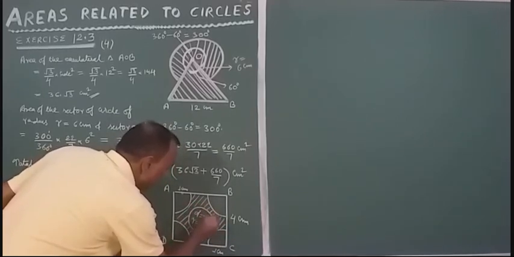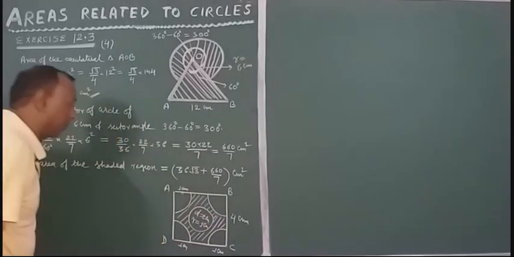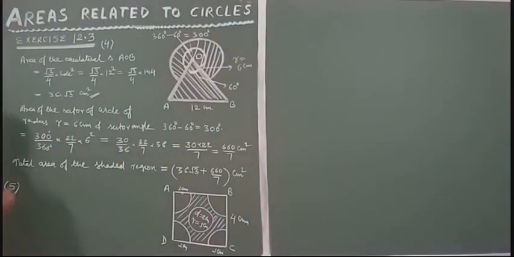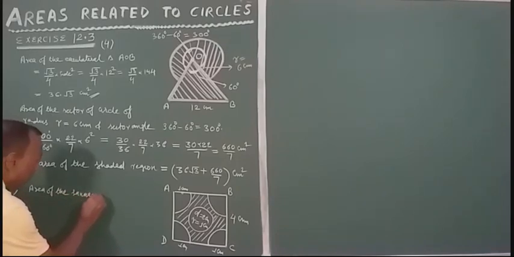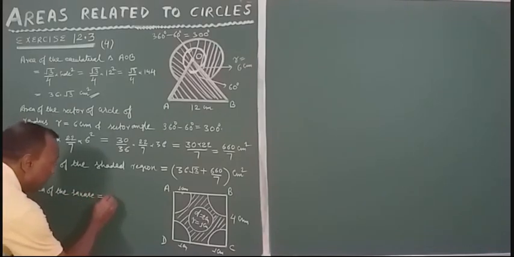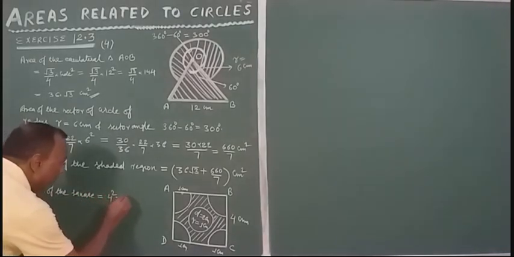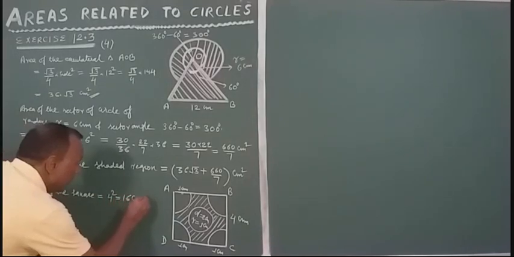Now first thing, area of the square, that will be side square. Side square is 4 square, that is 16 centimeter square.